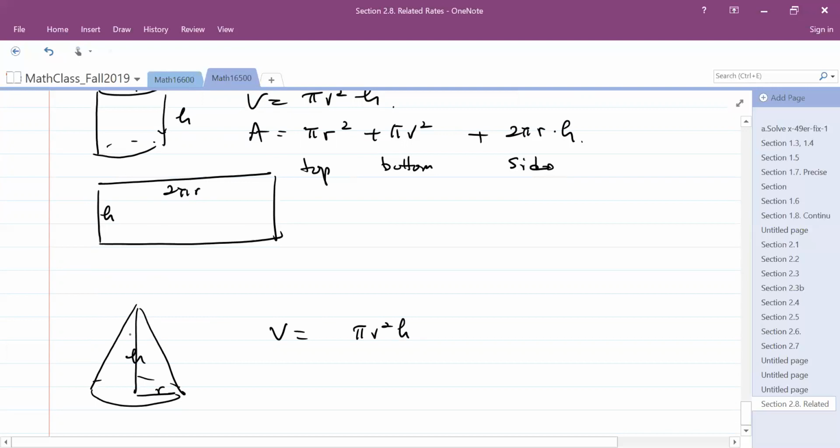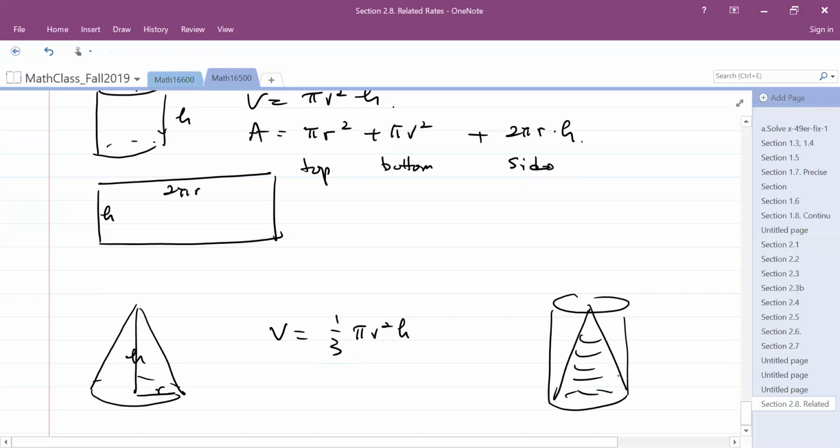Actually, it's only 1/3 of the volume of the corresponding cylinder. If you put it into the cylinder, this cone occupies only 1/3 of the cylinder.